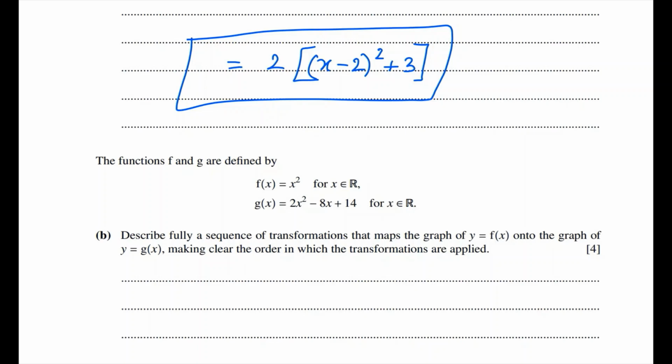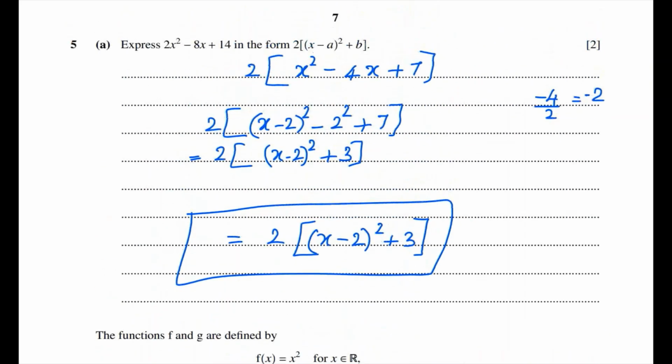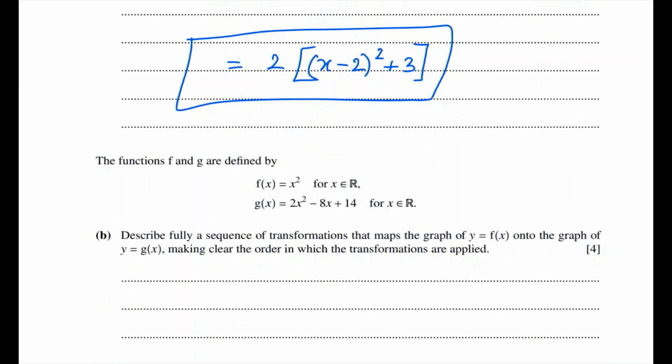So f of x becomes g of x. And from our previous answer, we get 2 of x minus 2 the whole square plus 3. So x square becomes 2 of x minus 2 the whole square plus 3.